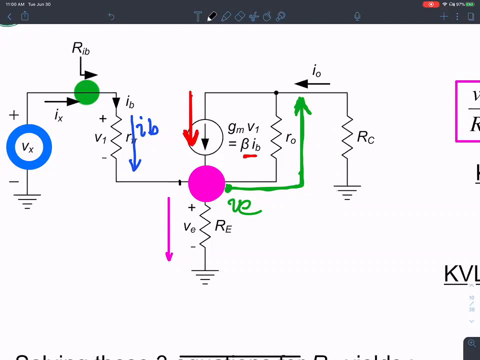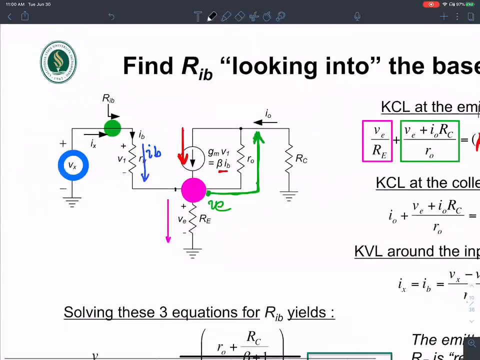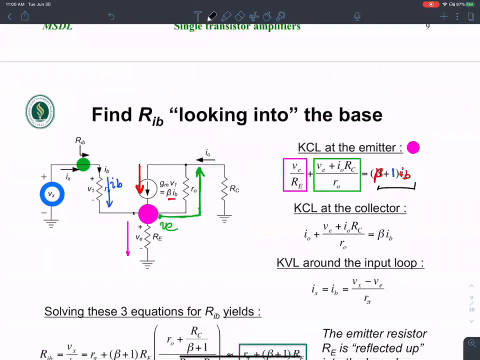Similarly, the currents coming in are beta IB plus 1 IB. So currents coming in equals the currents going out. That's the KCL over here. That's the idea of KCL.